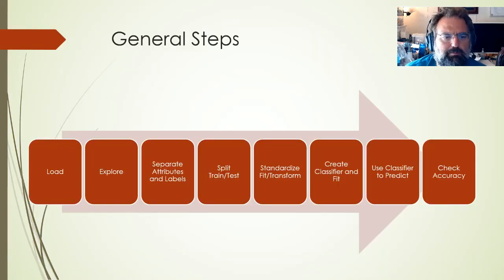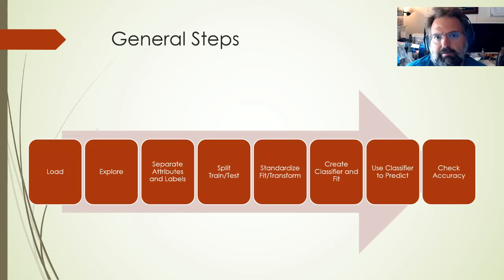The general steps that we go through, you've done this before. You load the data, you take a look at the data, you do some exploration of it, figuring out the characteristics of the data, maybe the variance of the various features. Somewhere through there, you're probably going to do some feature evaluation to determine what the important features are, what moves the needle on the outcome, and so on.